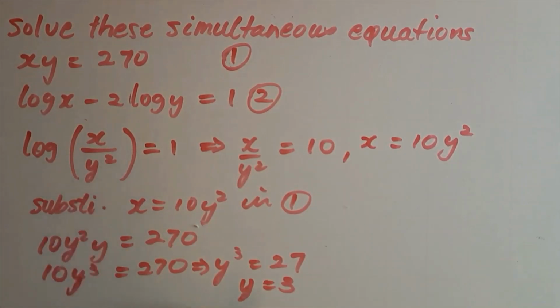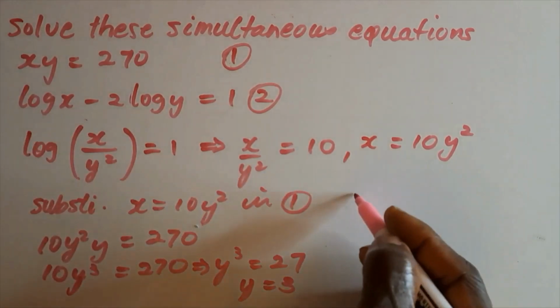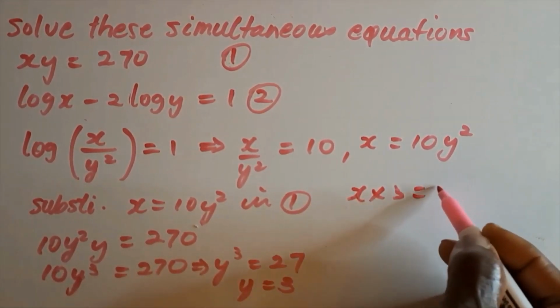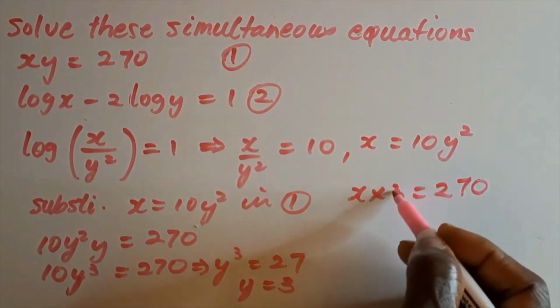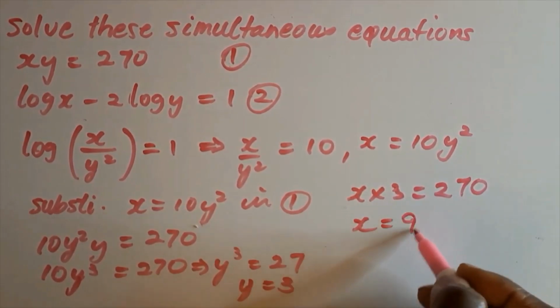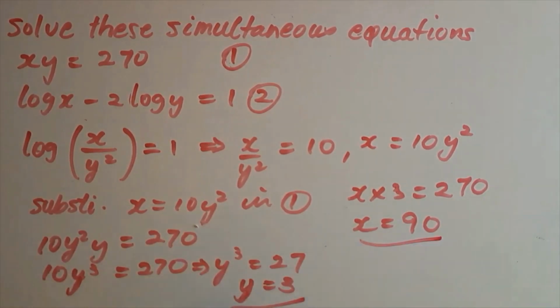And if y is equal to 3, we can find x, because x times 3 is equal to 270, which means that x must be equal to 90. So our solutions are y is equal to 3 and x is equal to 90.